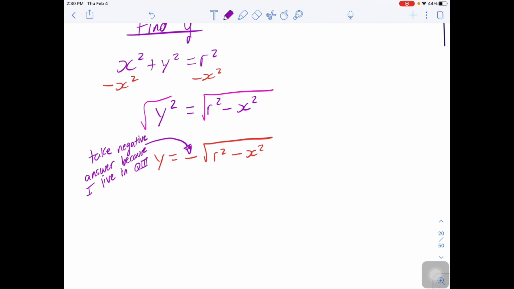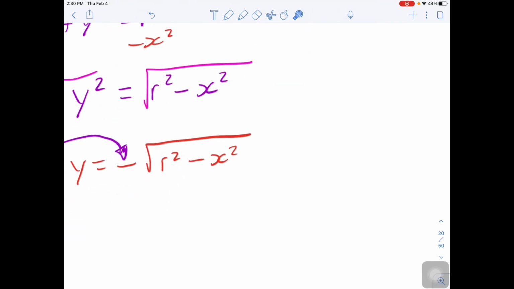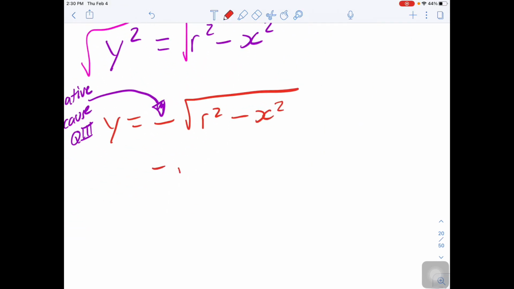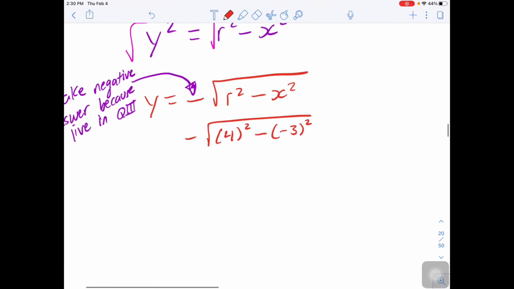Okay. So now it's a matter of plugging in our values. From that cos ratio, we figured out that r is 4 and x is -3. So let's plug those in. So r is 4: 4 squared minus (-3) squared. Just make sure that's all good. Yep.